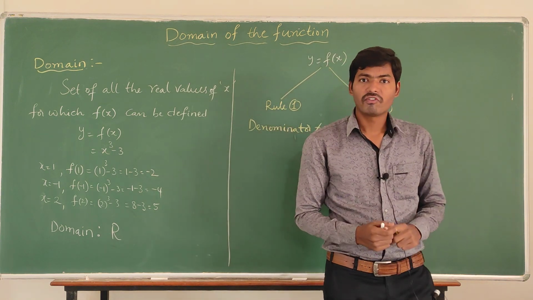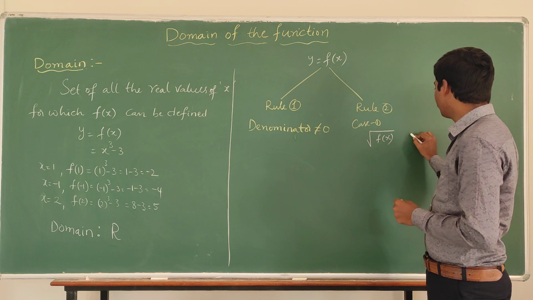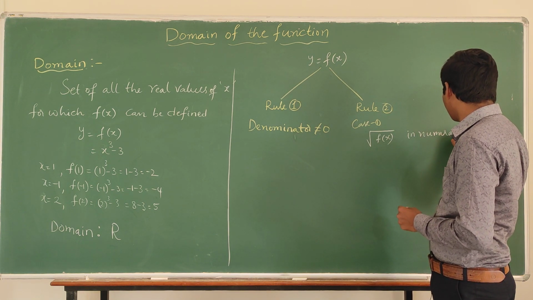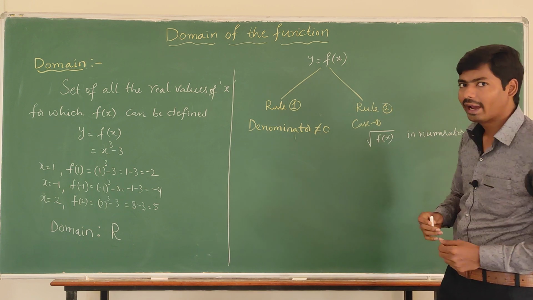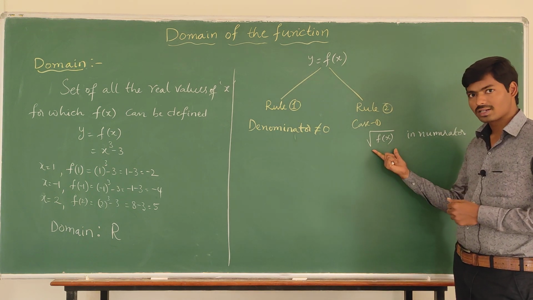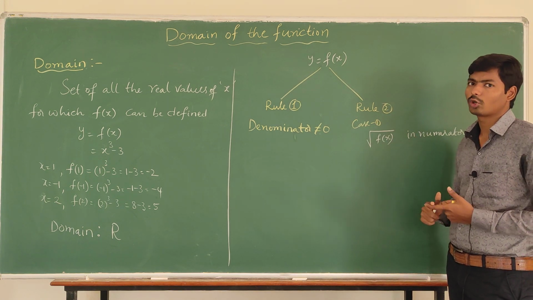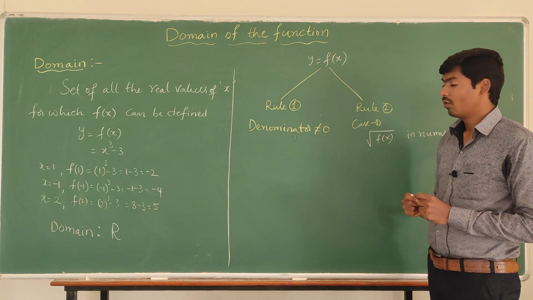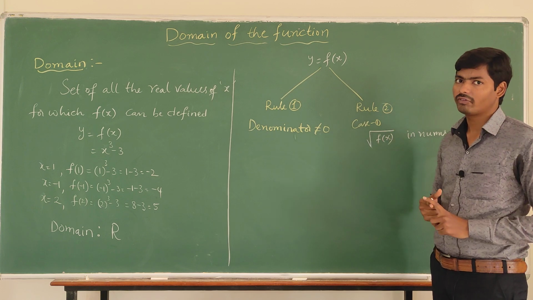So here my function is a root function in numerator. Now I have to find the domain of this function. Domain of this function is nothing but the set of all the values of x for which my function can be defined.